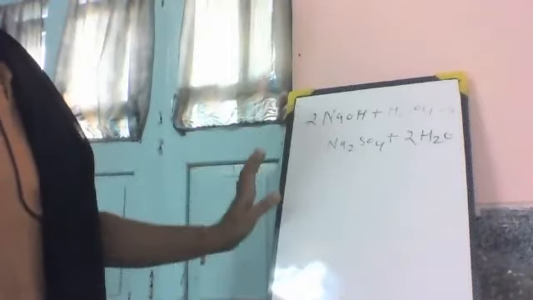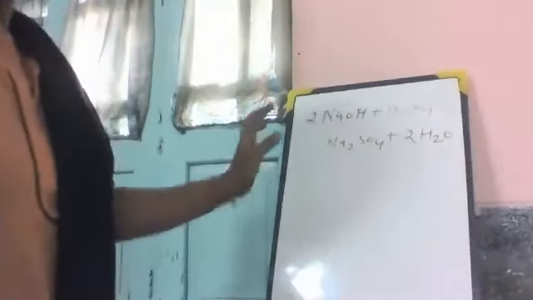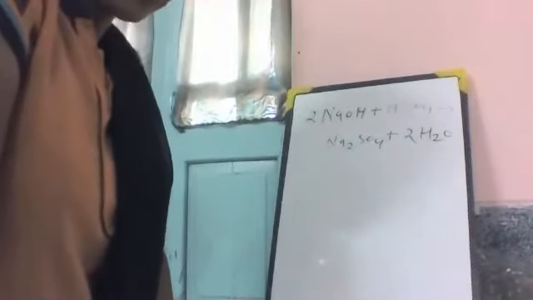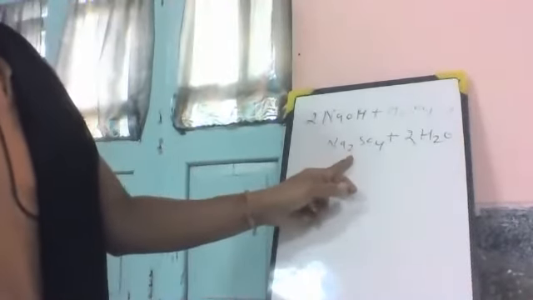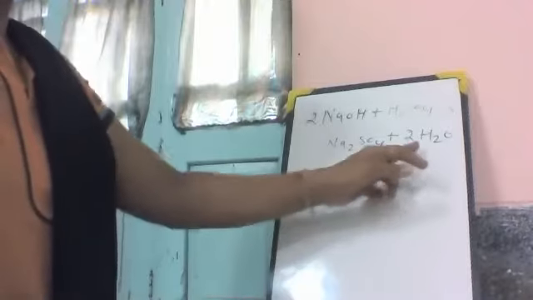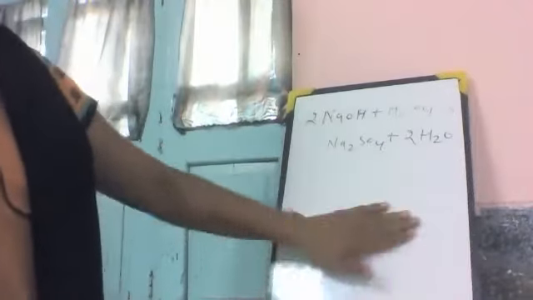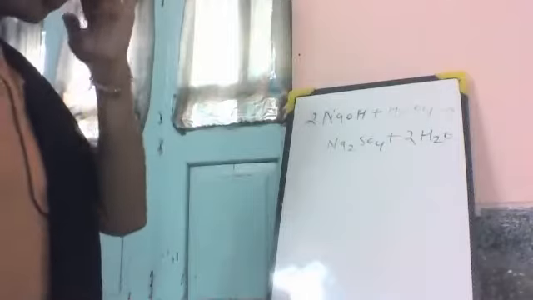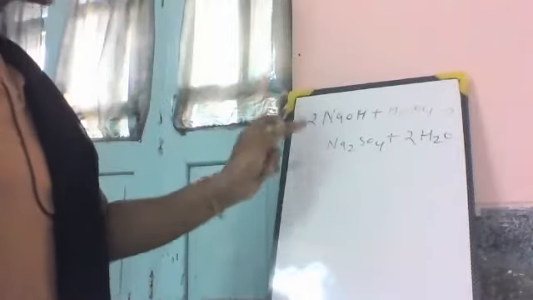Here 2 molecules of sodium hydroxide and 1 molecule of sulfuric acid react to give 1 molecule of sodium sulfate and 2 molecules of water. It gives the information about the number of molecules used in the reaction and the number of molecules produced after the reaction.